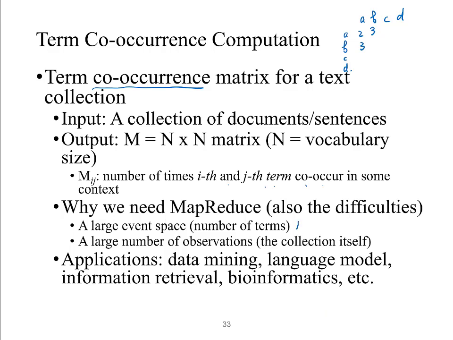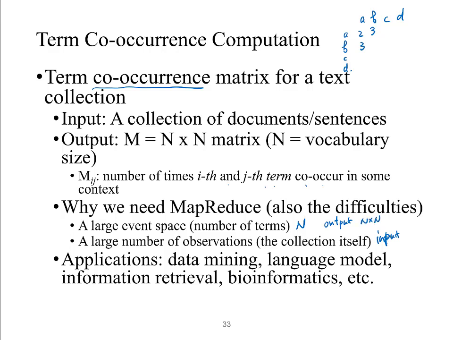This makes your output, which is an n times n matrix, extremely large. And the second one is a large number of observations, or the collection itself. So this is your input, and this is your output, which would be n times n.